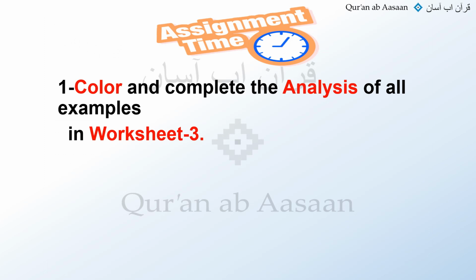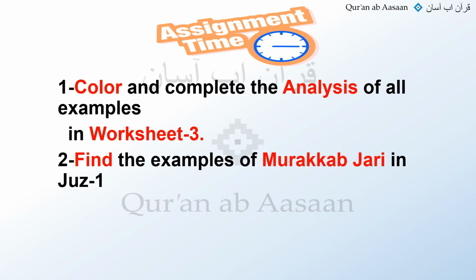Then the second part of the assignment would be to find the examples of Murakkab Jari in the Juz 1. We have done quite a few in the class, so I'm sure you're well practiced. The remaining ones in the Juz, you just gotta follow the same procedure, the same step-by-step instructions.